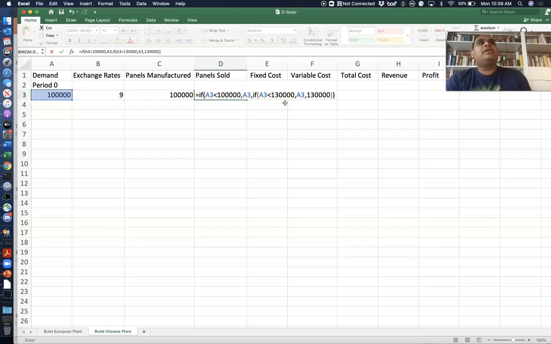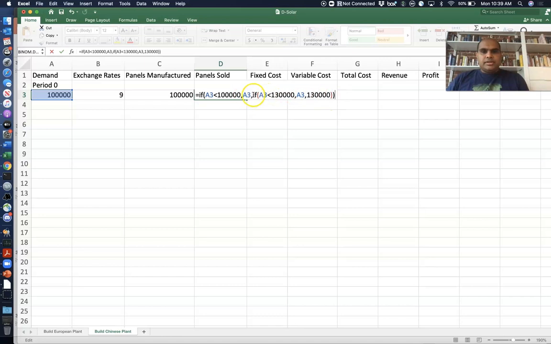So if demand is less than 100,000, even though you're making 100,000 panels, you'll only sell what demand is. If demand is less than 130, you will make and sell the same number of panels. If demand is more than 130, you can only sell 130,000 because that's all you can make. So I'm going to simplify this because both of these conditions end up with the same value.